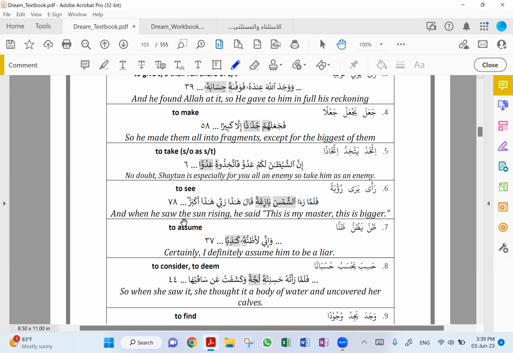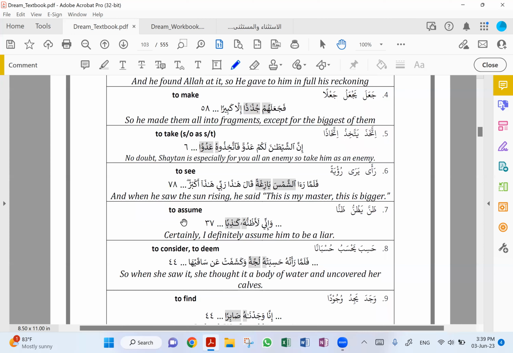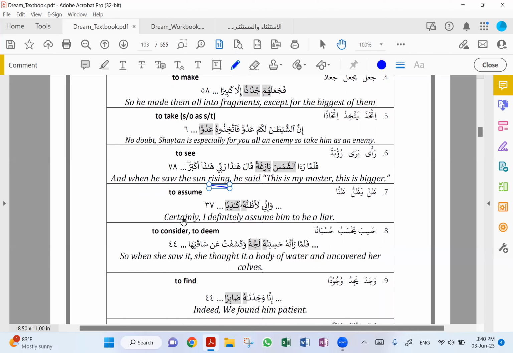It can take a مفعول حال, for example the next word, رأى يرى رؤية. فلما رأى الشمس بازغة, بازغة is a مفعول حال. What did he see? He saw the sun. How did he see it? Rising. That's why it's translated with ing. So it can take those two مفعولs.